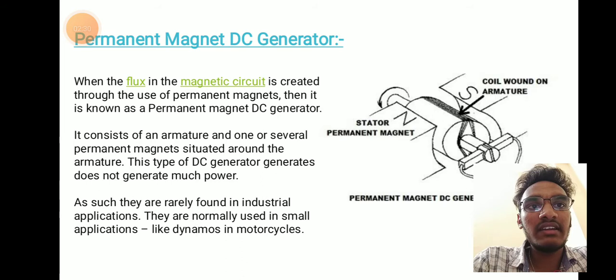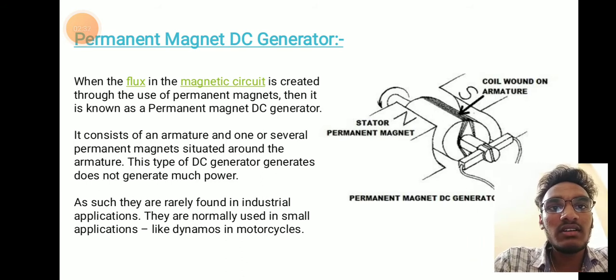Permanent magnet DC generator: when the flux in the magnetic circuit is created through the use of permanent magnets, it is known as a permanent magnet DC generator. It consists of an armature and one or several permanent magnets situated around the armature.